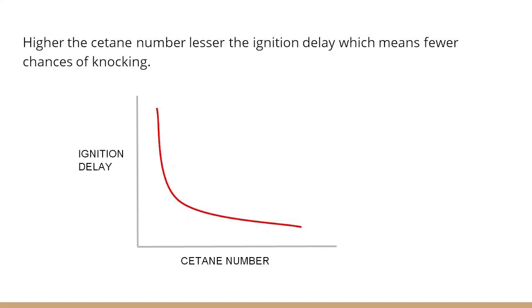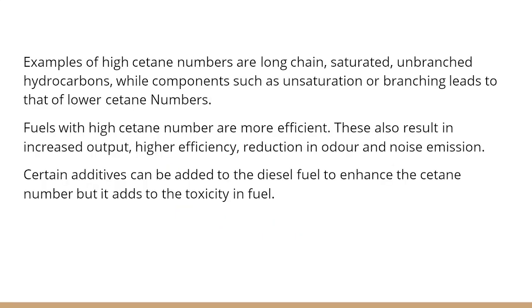We can see from the figure that as the cetane number increases, the ignition delay decreases, which means fewer chances of knocking. Examples of high cetane numbers are long chain saturated unbranched hydrocarbons, while components such as unsaturation or branching lead to lower cetane numbers.